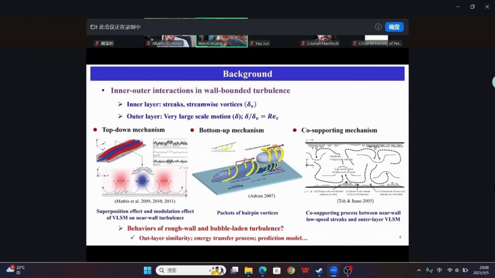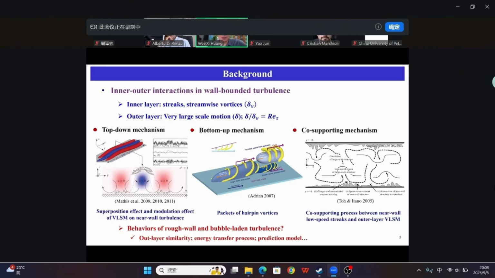Recently, due to the development of experimental techniques and numerical simulation, people can observe the interaction between the outer layer very large scale motion and the inner layer turbulence.